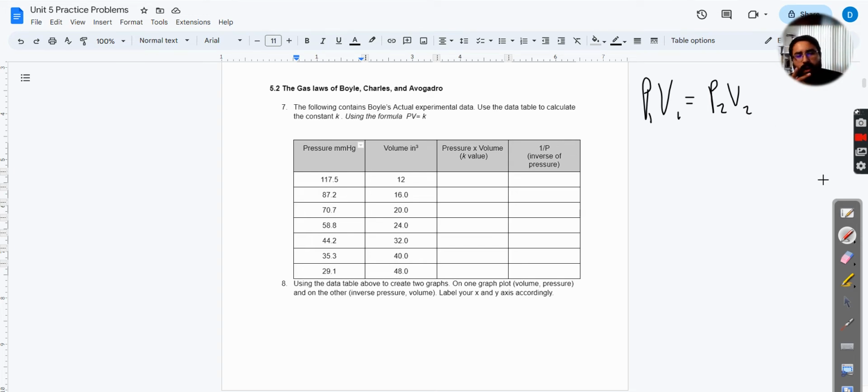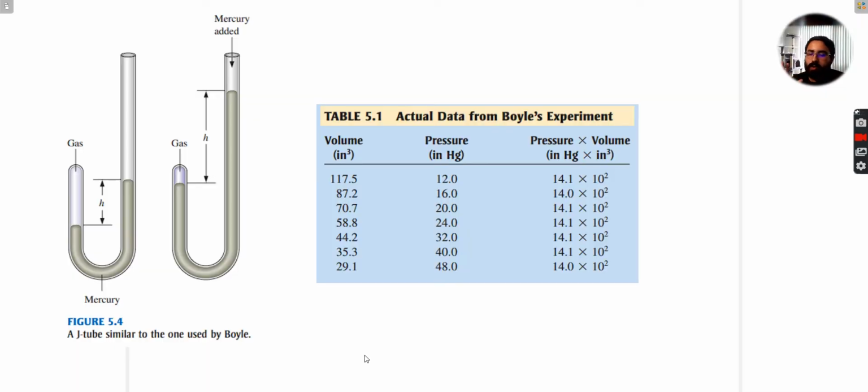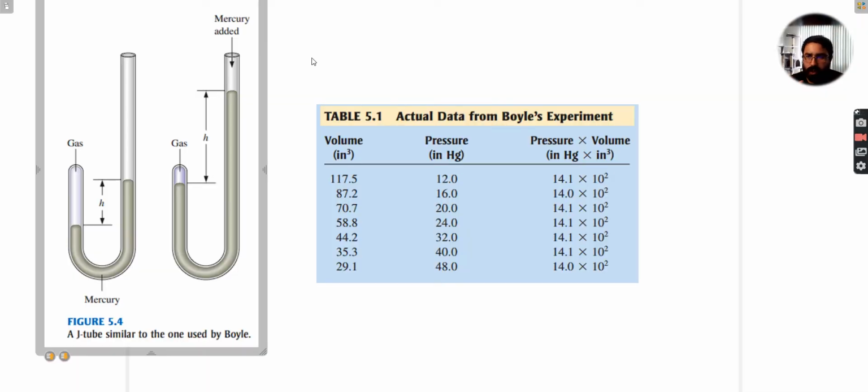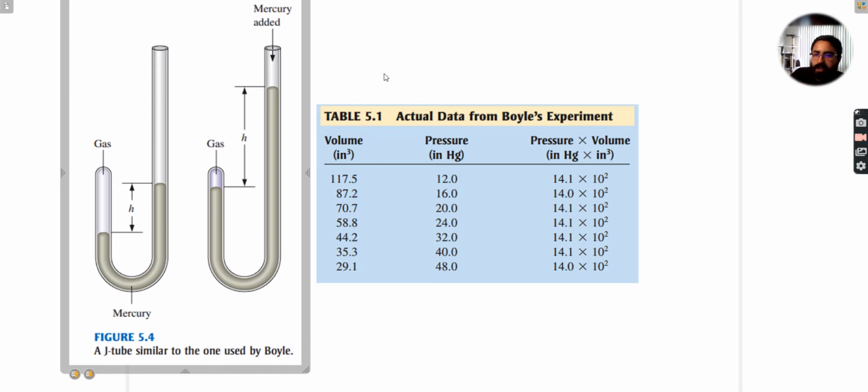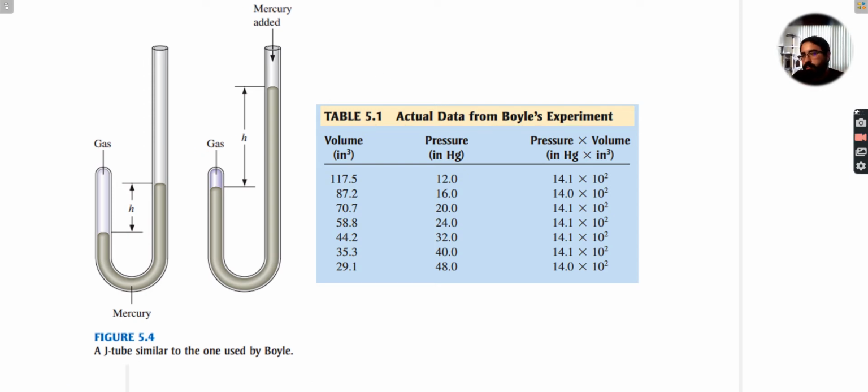All right, so last time we talked about these J tubes, right? And I didn't go into too much detail of them, but I'll explain how Robert Boyle used them to come up with Boyle's Law. So I explained how they were able to isolate gases at the time period.